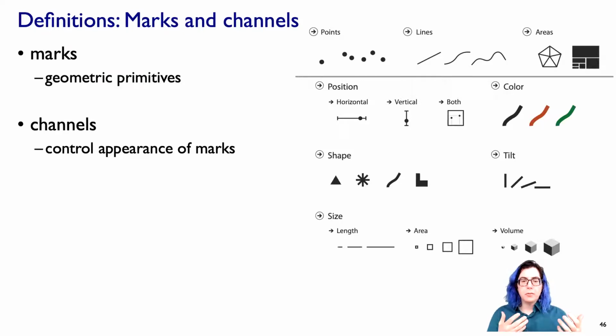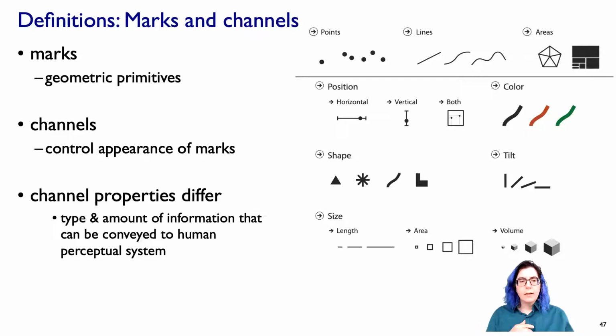So there could be spatial position, color, shape, size, orientation or tilt. There's a number of ways we could use their appearance to convey information. The key thing is that these channels are not all created equal. The type of information they convey, the amount that they can carry to the human perceptual system is definitely variable, and understanding that is a key part of understanding visual encoding.